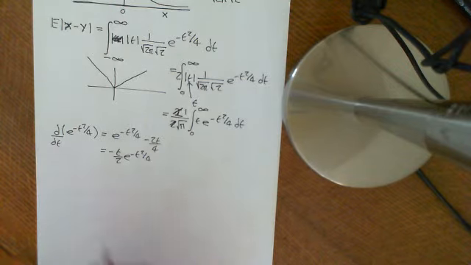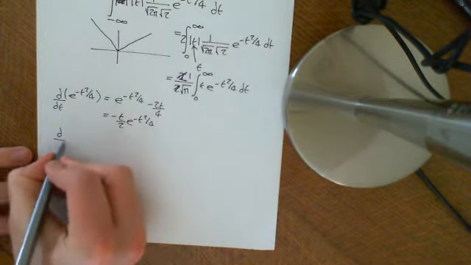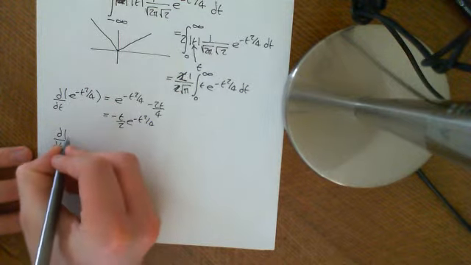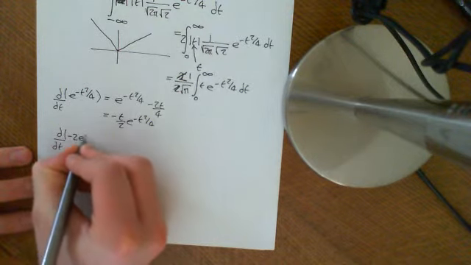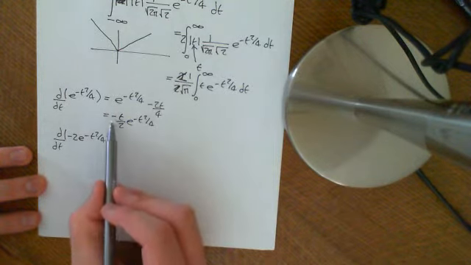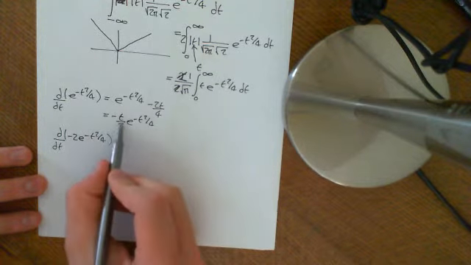So if I make a few little alterations, let's instead look at the derivative with respect to t of negative 2 e to the negative t squared over 4. You see, I want it to cancel this negative sign, which is useless, and I also want it to cancel this division by 2.